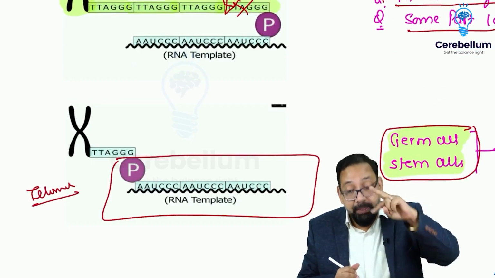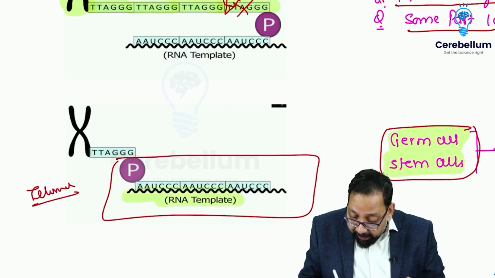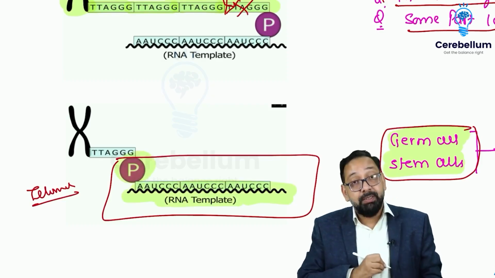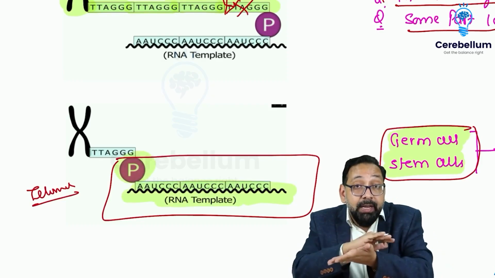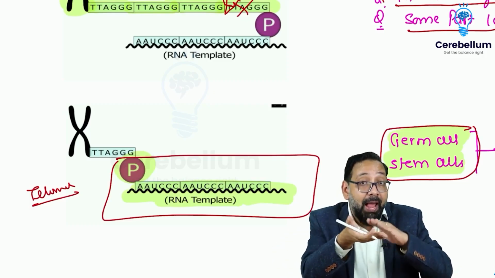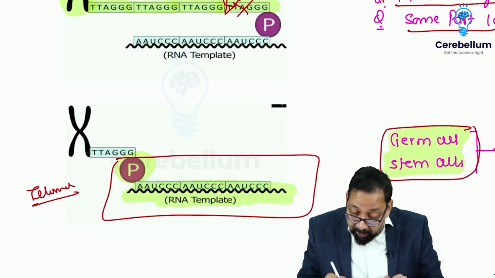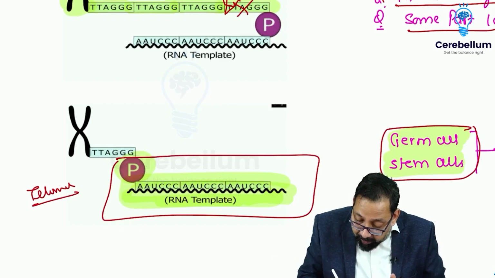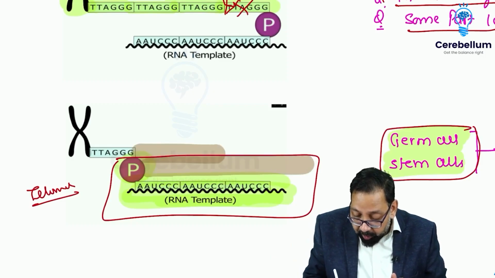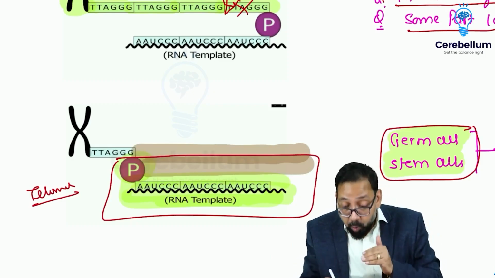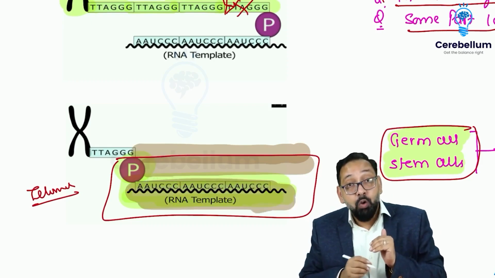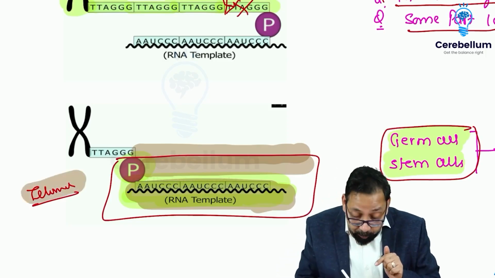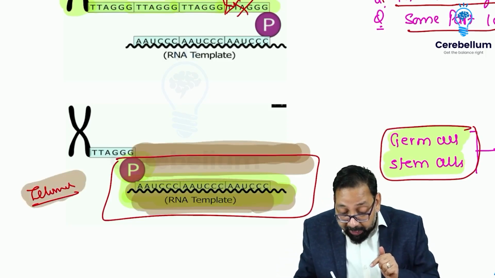Telomerase has two components. One component is the RNA template, and the second component is this polymerase. The RNA template goes to the DNA, and with the help of the polymerase, DNA synthesis occurs on this RNA template.